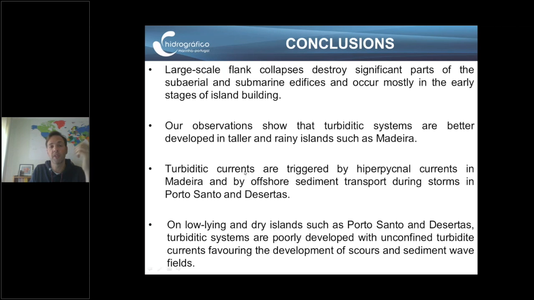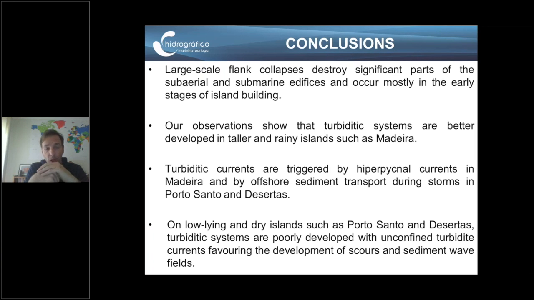In conclusion, I just want to stress that we have mapped some very large flank collapses that destroyed significant parts of the submarine edifices, and probably occurred in the early stage of the island building, for sure older than 1 million years.